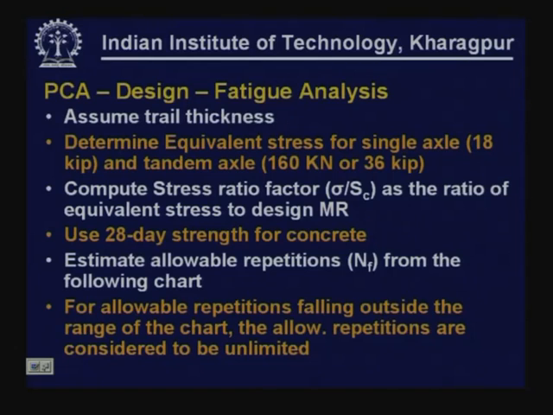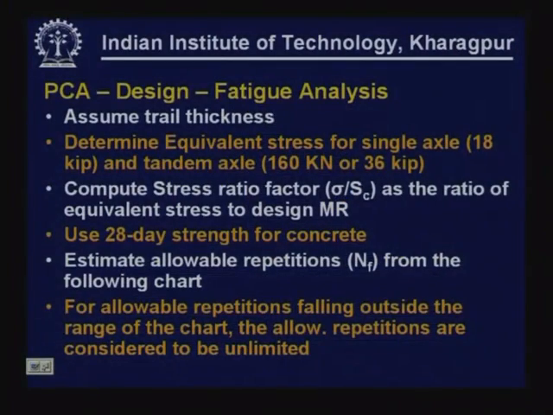Next, we compute the stress ratio factor as the ratio of equivalent stress to the design MR. For the given concrete grade that we selected, we know the modulus of rupture value, that is the flexural strength of concrete. Once we know that, we have already selected the equivalent stress value from the table. So, equivalent stress divided by modulus of rupture gives us the stress ratio.